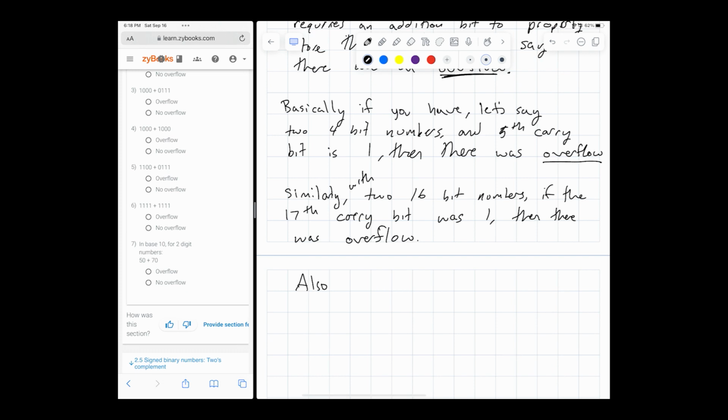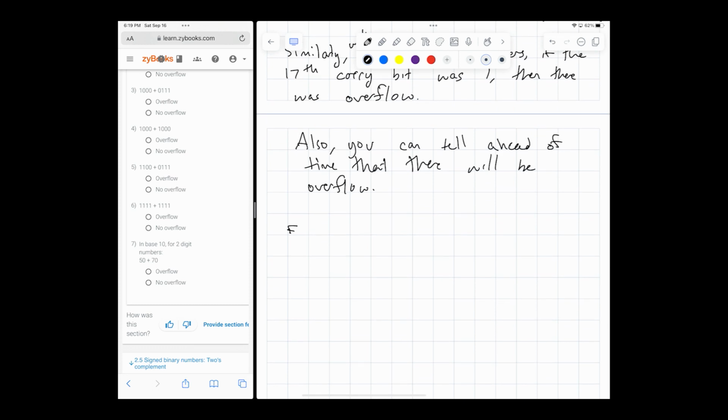Also, you can tell ahead of time if there's going to be overflow based on the size of the numbers. For example, the largest 4-bit number is 1111, which is 15.